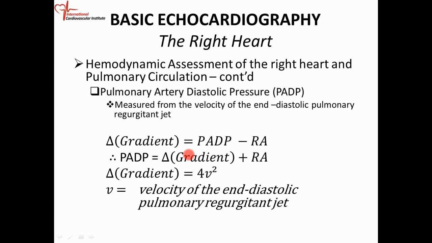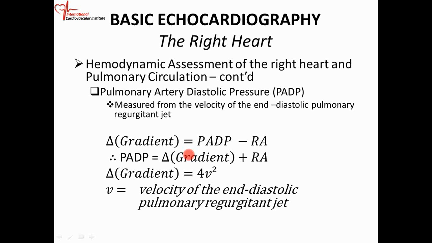And that gradient, again, is the diastolic pressure in the pulmonary trunk, because the blood is moving in the opposite direction. So the diastolic pressure in the pulmonary trunk has to be greater than the pressure in the right ventricular flow tract. So it is the diastolic pressure in the pulmonary trunk minus the diastolic pressure in the right ventricle. That's a gradient, and the gradient is equal to 4v squared.